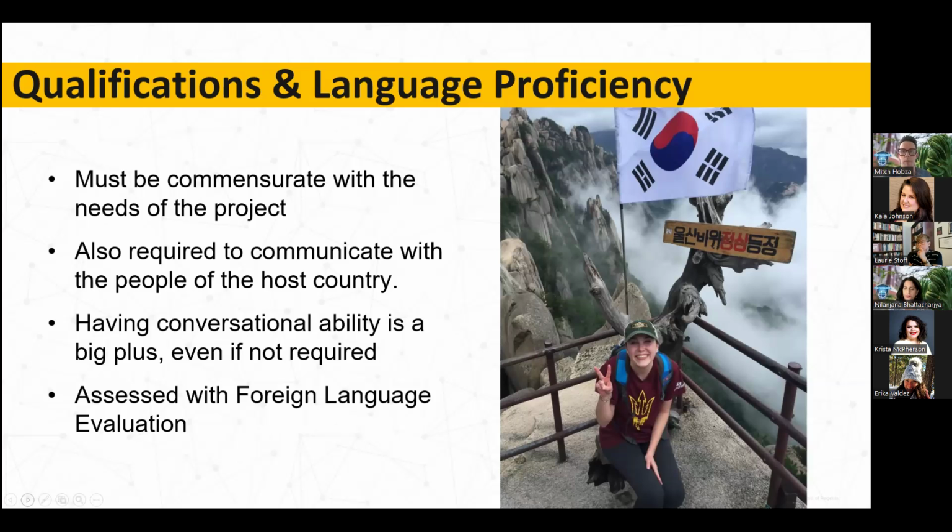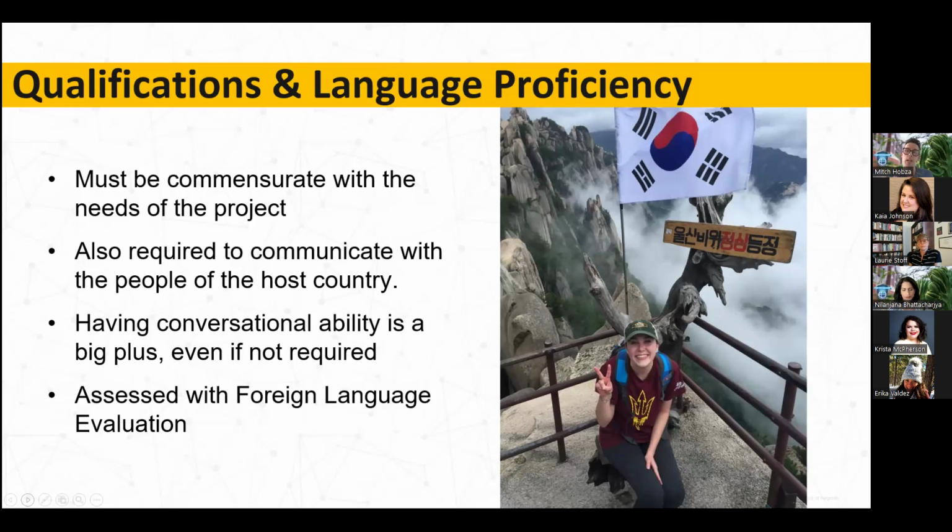In countries such as the Czech Republic, where there isn't quite a reasonable expectation that someone in the US can become fluent in Czech, they might not have those same expectations. So every country is going to have different expectations for what is required for language proficiency. Sometimes they use the language recommended, not required. If it's recommended, we still think that we should follow those guidelines and make sure that we're doing everything that's recommended. But if it's required, then there is no bending that. There's no getting around that.